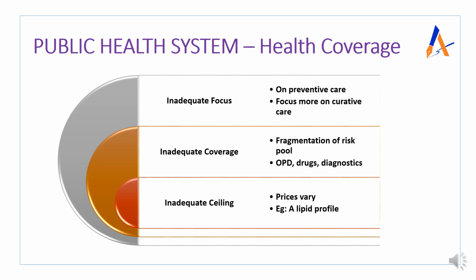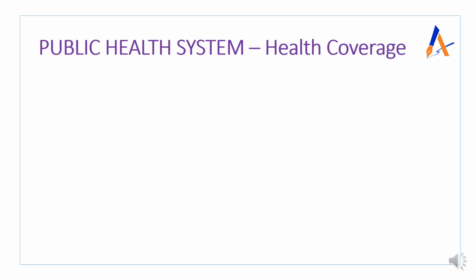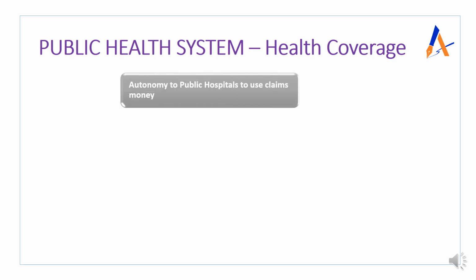Now we will analyze the solutions or the way forward related to it. With respect to the way forward of this particular issue, the first point which we should remember is that autonomy to public hospitals to use claim money should be given. A lot of restrictions are there whenever the government is releasing money, about where you can use it and where you cannot. So there is no discretion.